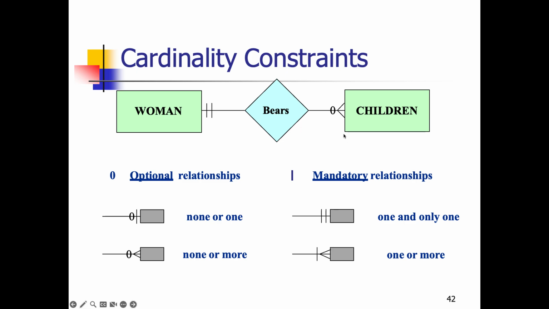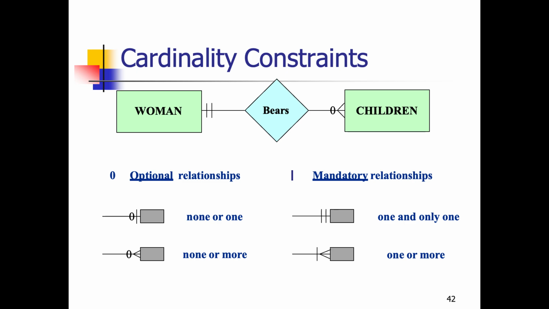Can someone explain this? How do we explain the relational participation here? A woman can bear 0 or many children, but every child has to have one and only one mom. Yeah. If a child is born, someone should have borne that child, right?